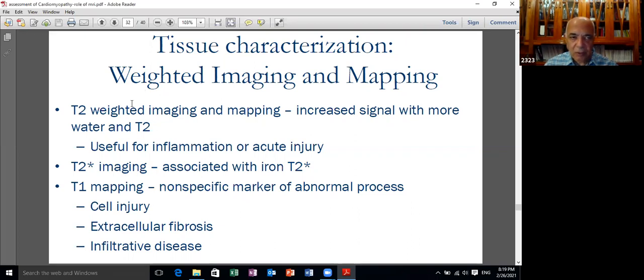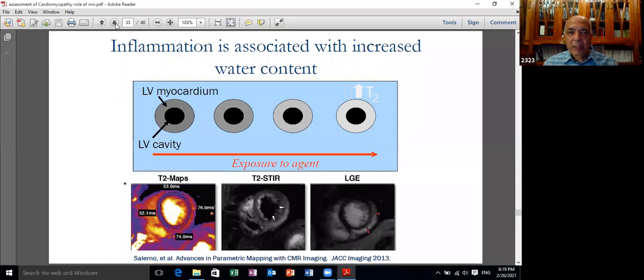So I just wanted to call your attention to the word weighting. Weighted means that the picture which you are taking is dependent on T1, T2, or T2 star. Now this is a cartoon which shows the effect of water, and if you have an increased amount of water, then T2 weighted imaging will show progressive increase in the signal intensity.